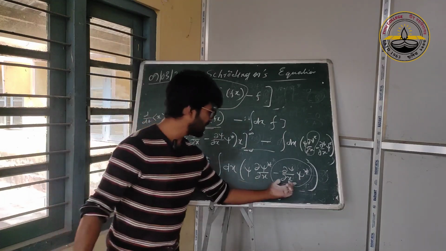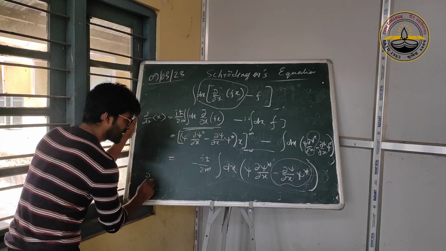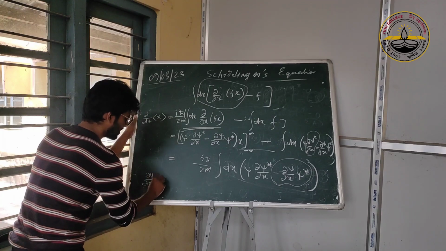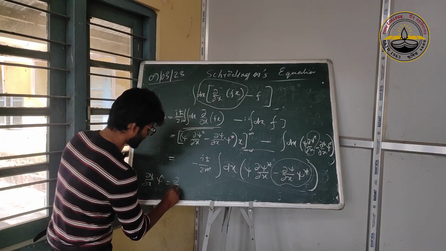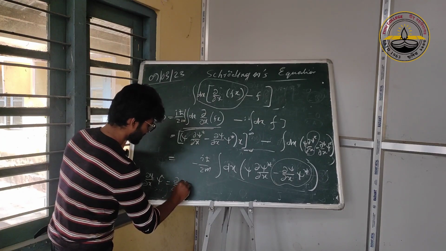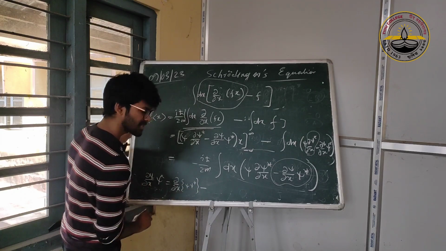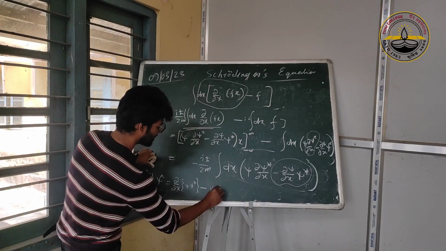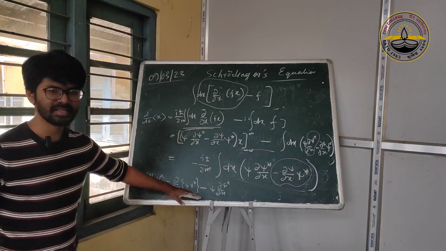You can write once again this as your, so what is this? Del x of psi and psi star, right? Once again, I could just write del x of psi star minus psi del psi star del x. I can write that, right?